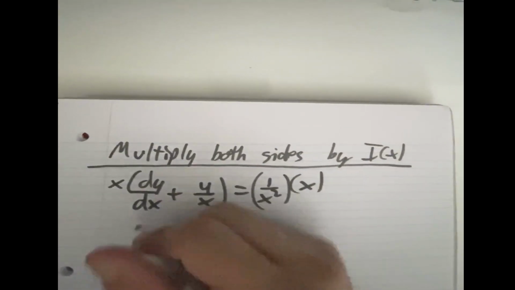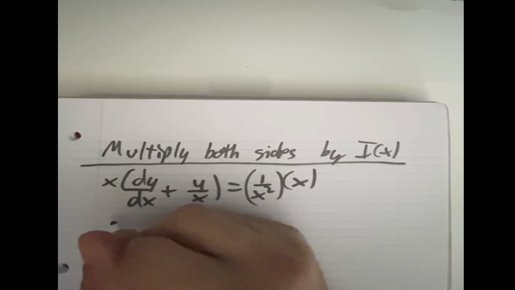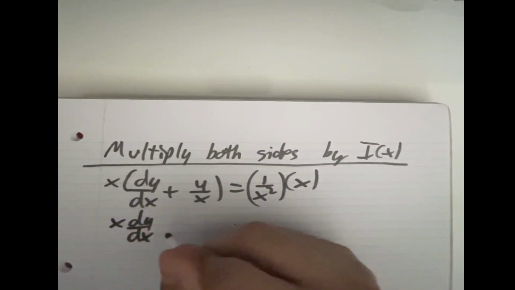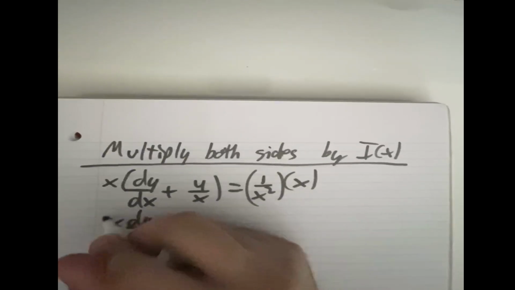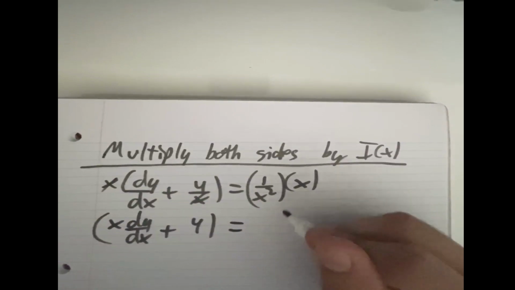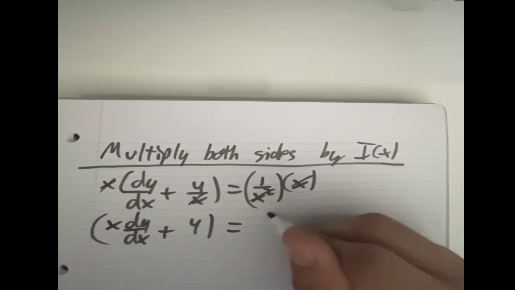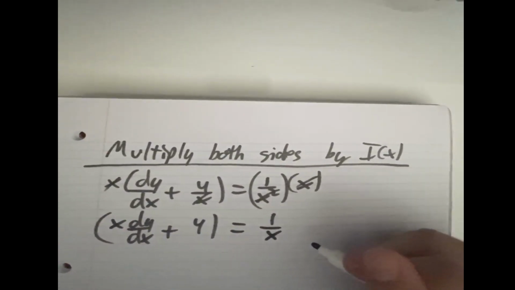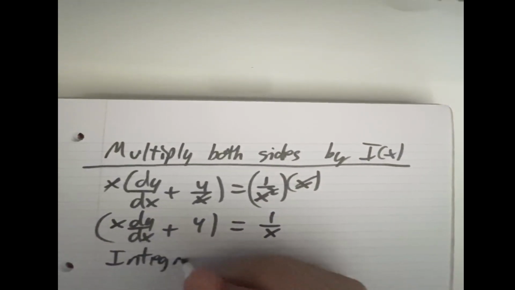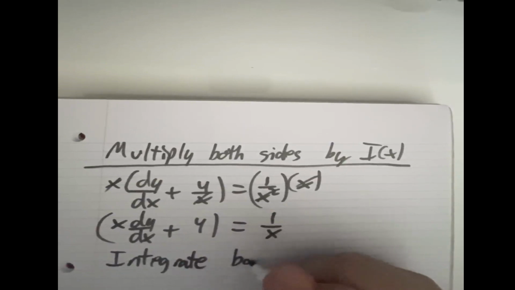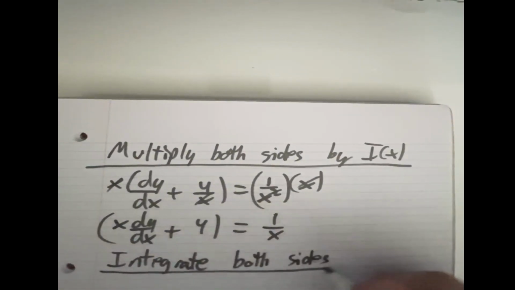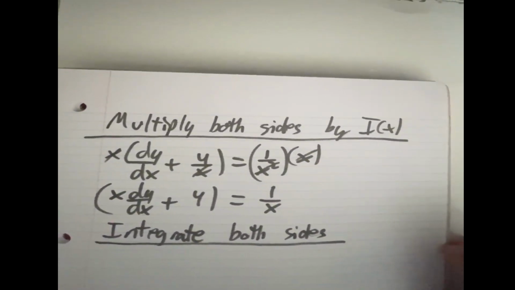So we apply algebra, take this a step further to simplify all the terms. x times dy over dx plus y, because these two x's will cancel each other out, is equal to 1 over x. And now the next step would be to integrate both sides. And this is another key step.